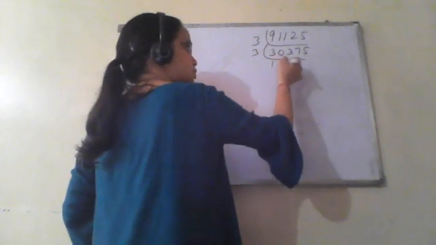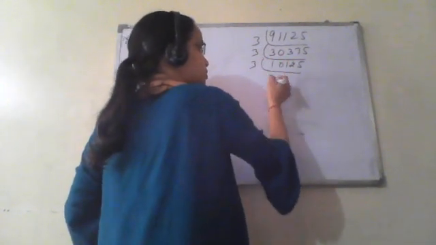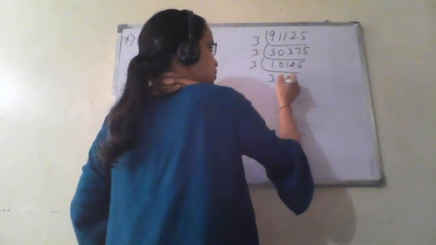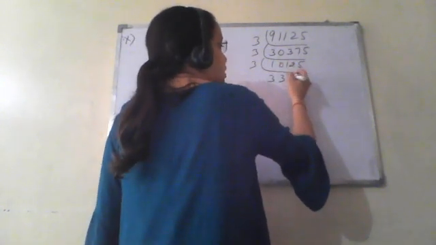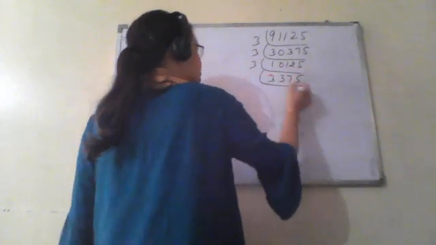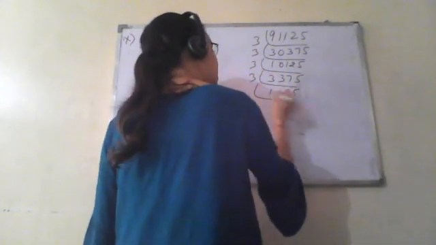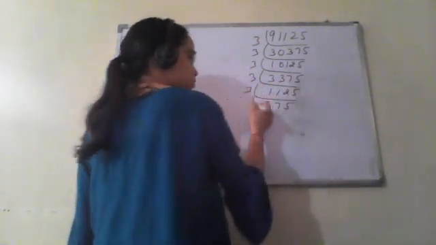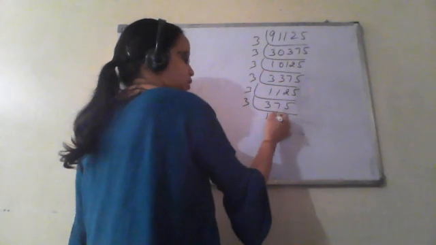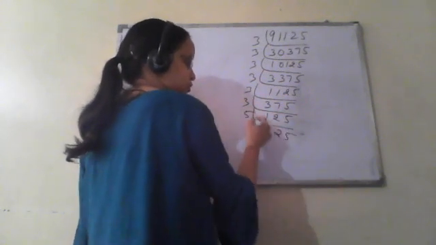This is 10125. This is 3375, 1125, 375, 125, 25.